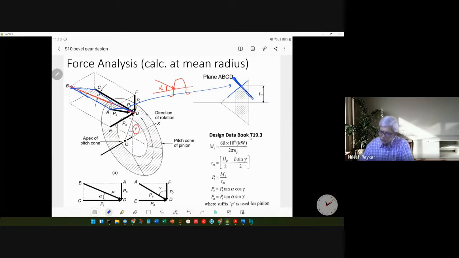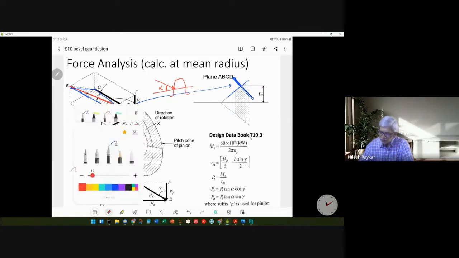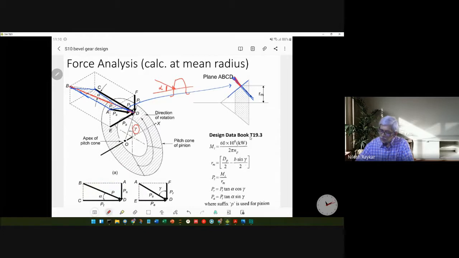So that red force, if you look at it, lies in this particular plane, but it is not perpendicular to this conical surface. It is inclined by an angle corresponding to the pressure angle of the plane. So this particular force, the force BD, from B to D, can be resolved into two forces.